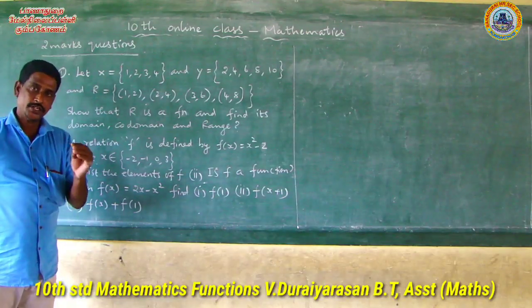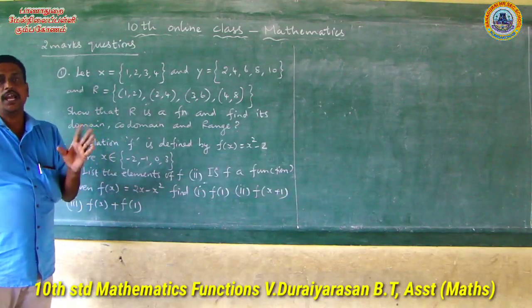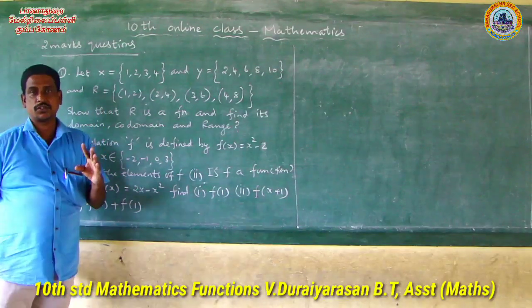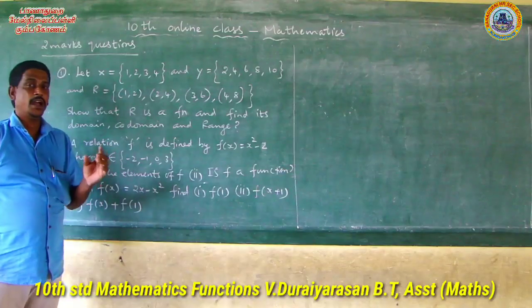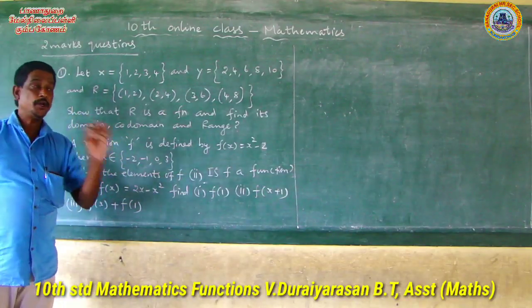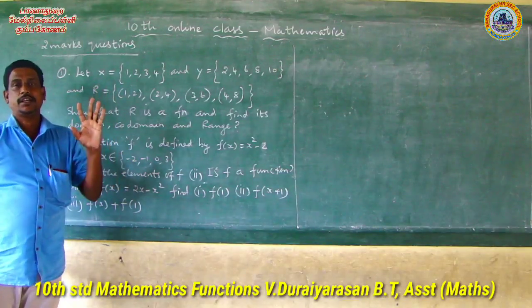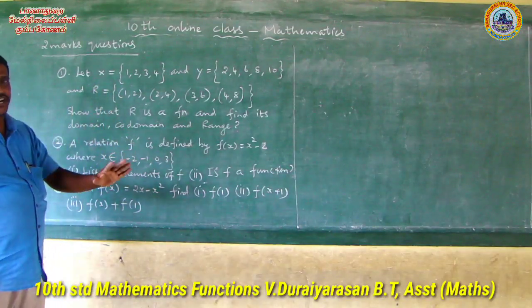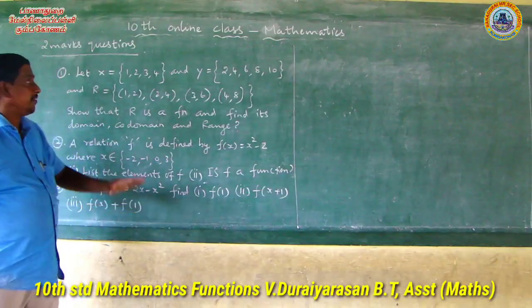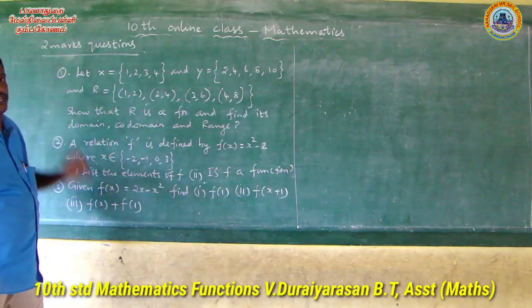I explained function details and also what types of functions: one-to-one function, onto function, many-to-one function, into function. All are well studied in today's class. Next, we are going to do 2 more questions.